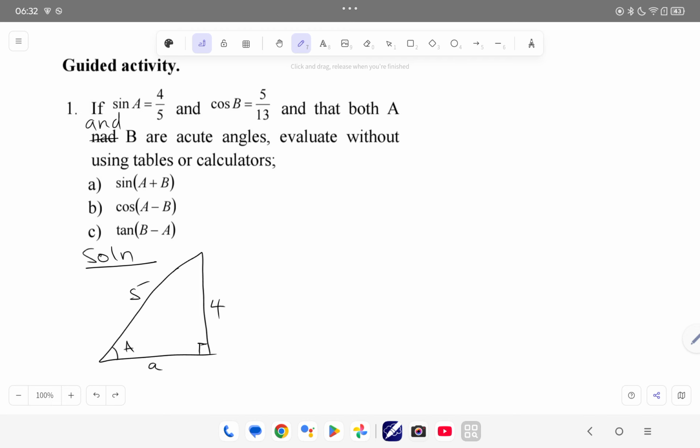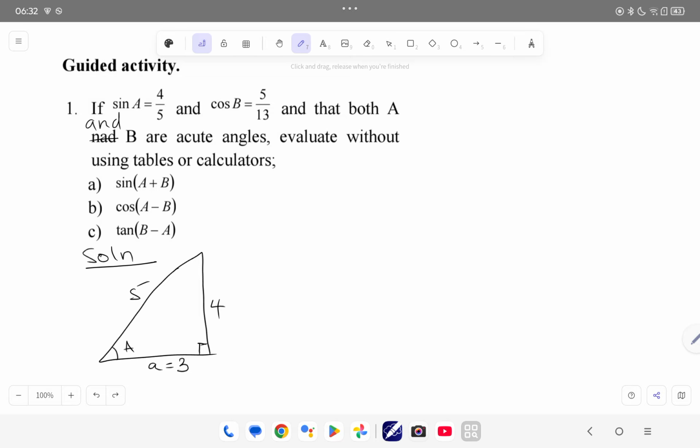Let me call it a. Use Pythagoras theorem: a squared plus 4 squared is equal to 5 squared. You'll be able to get the value of a as 3.